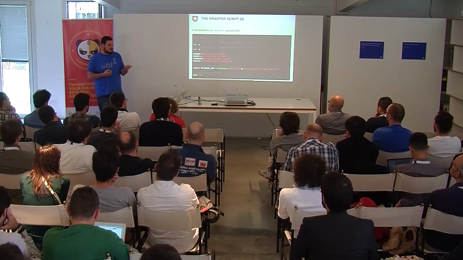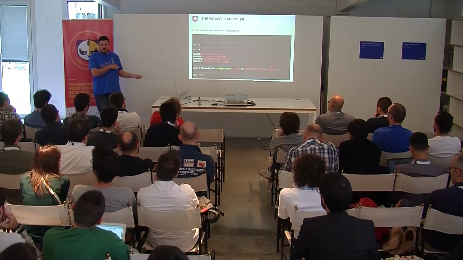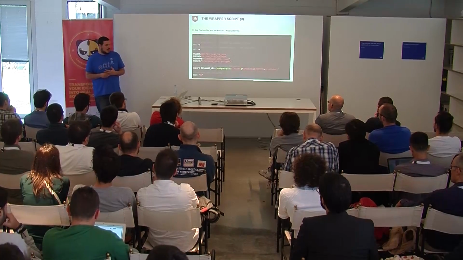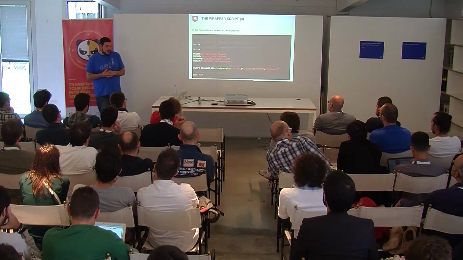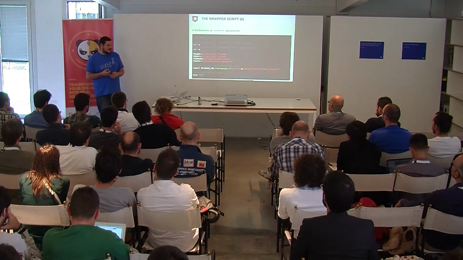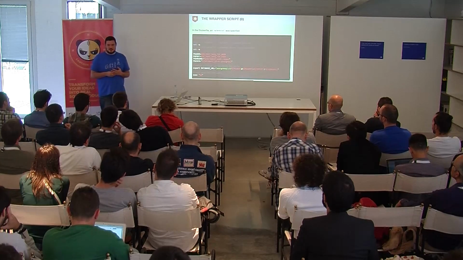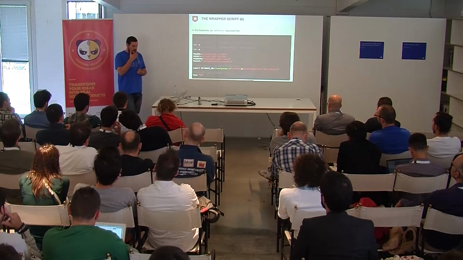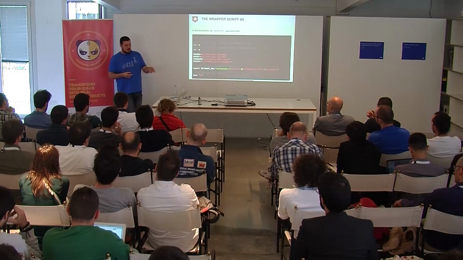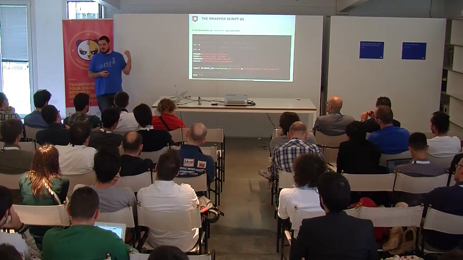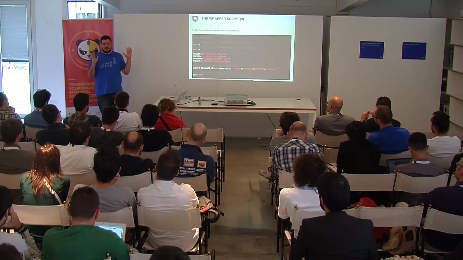So these variables are set by Docker before the execution of the entry point. And that's a standard way of naming things in Docker. You will get used to it if you use Docker. And actually they are populated by that number we saw before, but Docker is taking care of it.